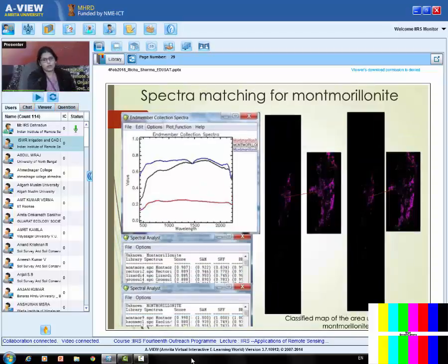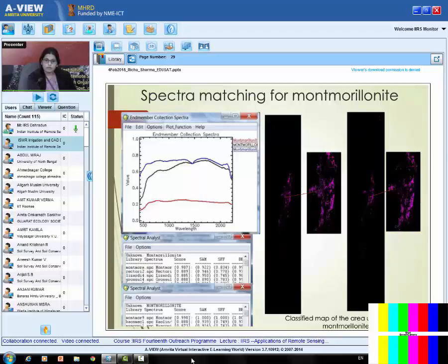Now, for example, over here we can see that these are the spectra of montmorillonite. This is a clay mineral, and we can see the dips are peculiar for these two spectra, and the general trend of the spectrum is also similar, so we can match them.